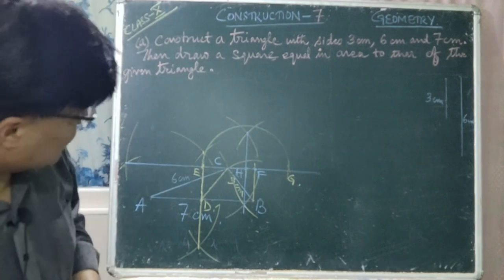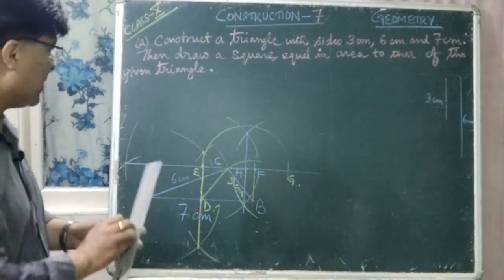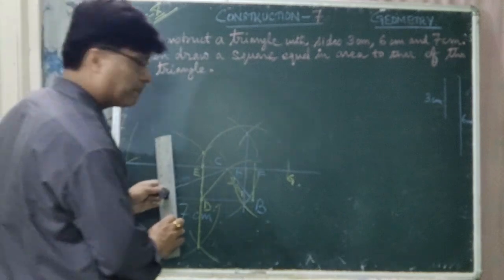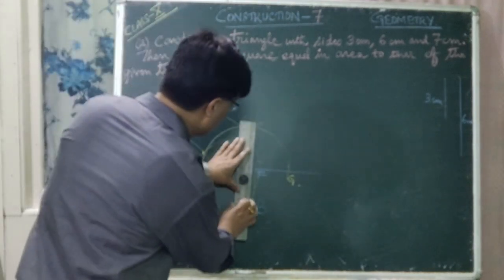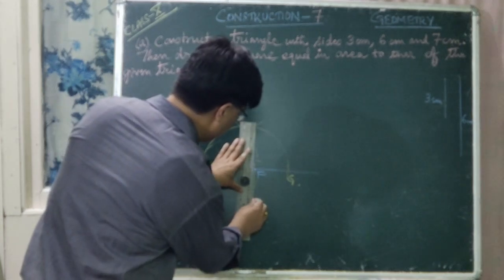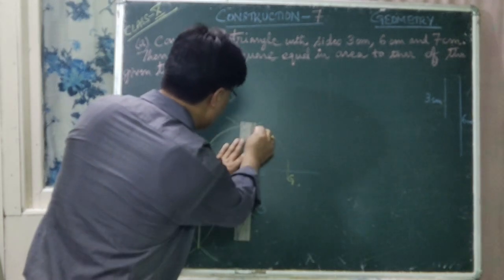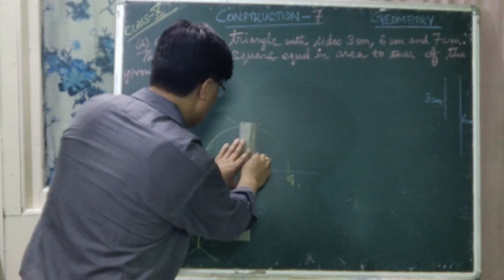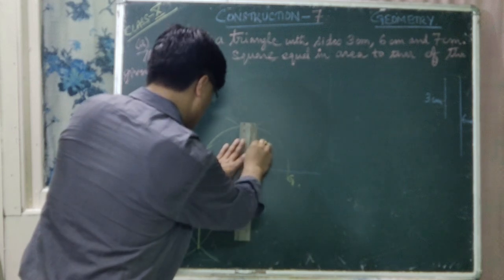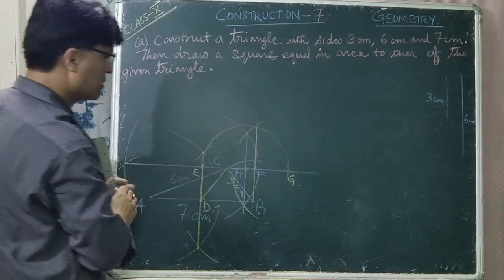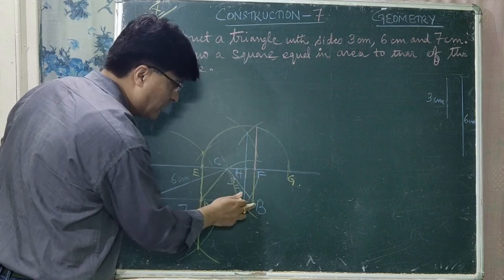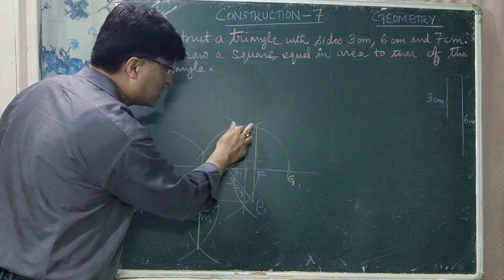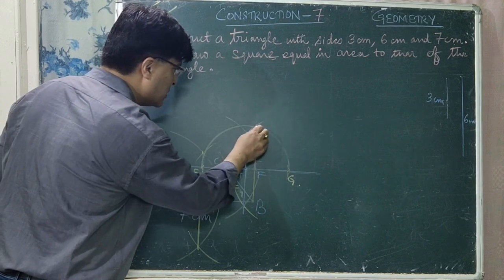Now let us extend this BF so that it will intersect the semicircle at a point out there. Suppose this BF is produced, and will intersect the semicircle at which point?